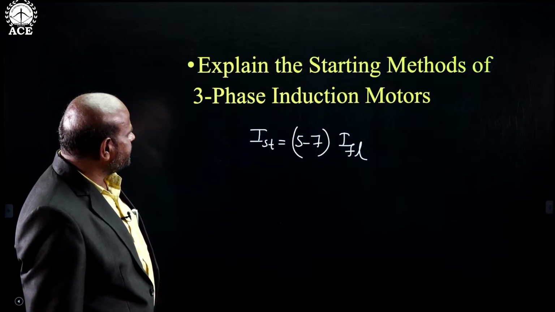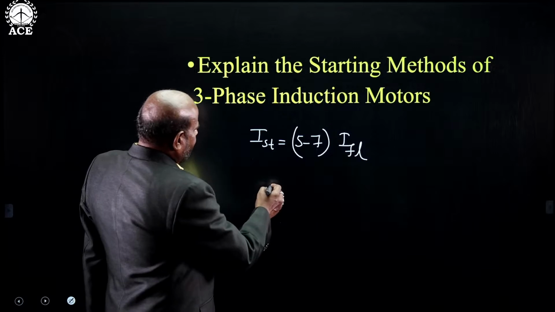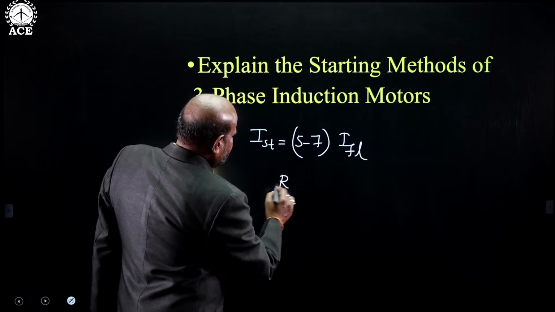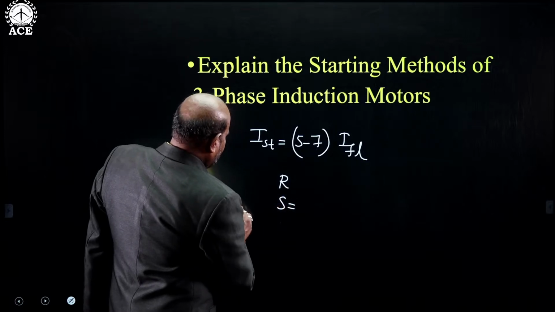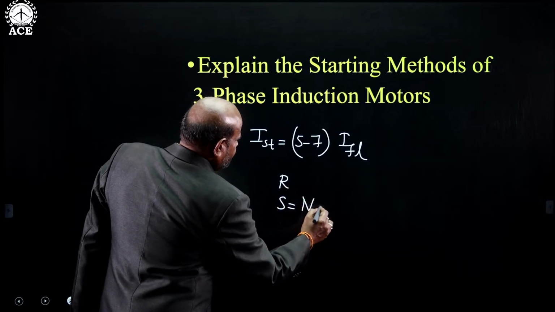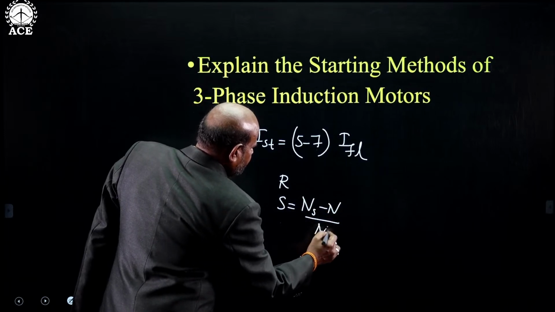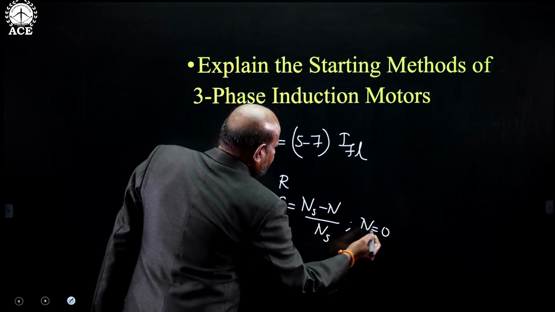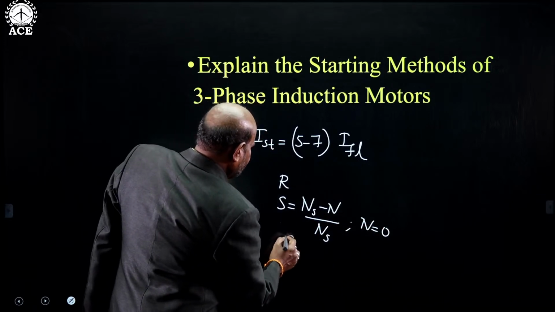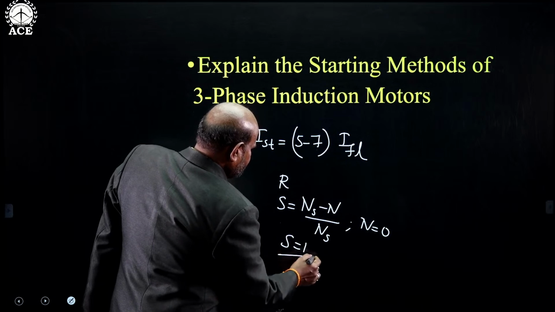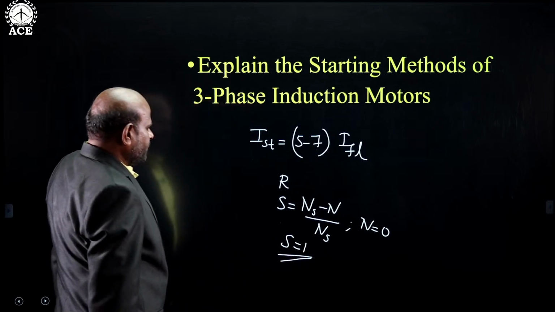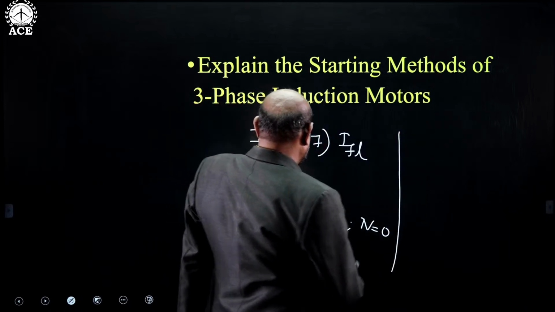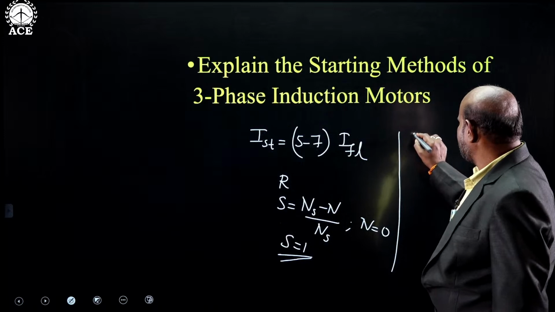Whenever the rotor is stationary, slip is (ns minus n) by ns. When the rotor is stationary, n equals 0, so slip will be 1. That is the standstill condition. When S is 1, what are the starting current and torque?